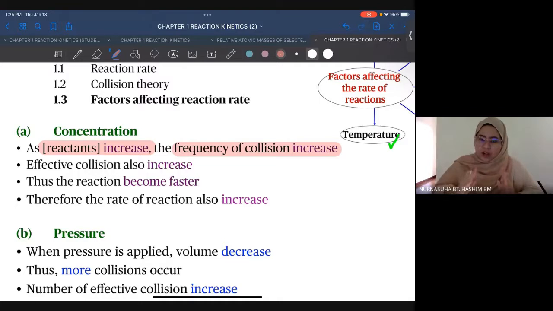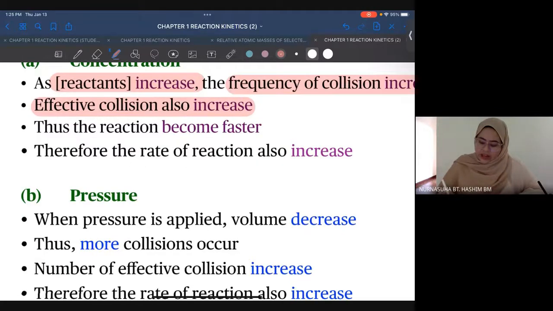Collision must occur in order for reaction to occur. So kalau banyak molekul, kebarangkalian untuk dia berlanggar amat tinggi. So because of that, effective collision also increase. So we know that when effective collision increase, reaction become faster. Okay, reaction akan jadi makin laju lah. Therefore, rate of reaction also increase.